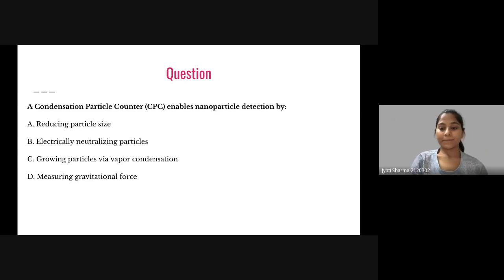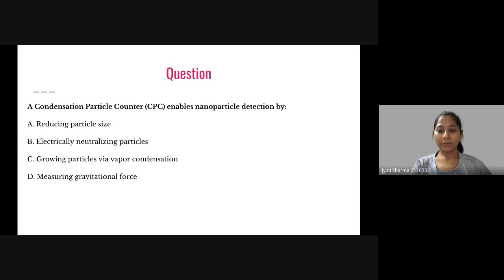Right now we are not interested in particulate matter 10 or particulate matter 2.5, but we are more interested in detecting nanoparticles. For that we have one instrument, the condensation particle counter.